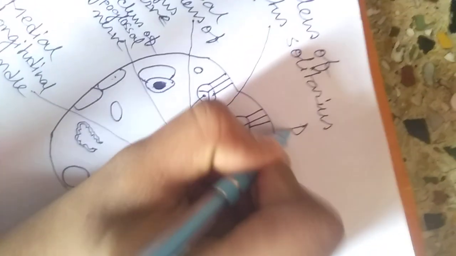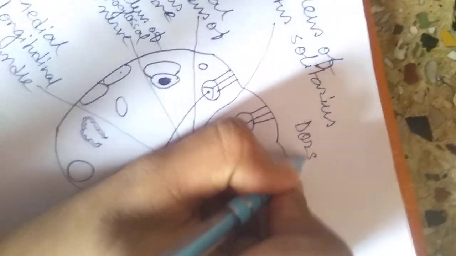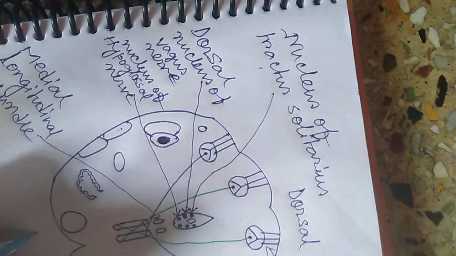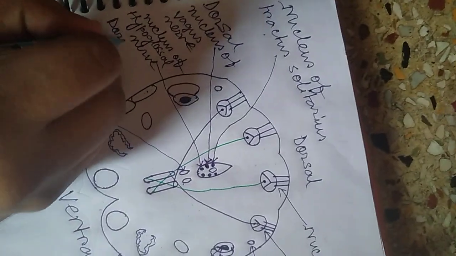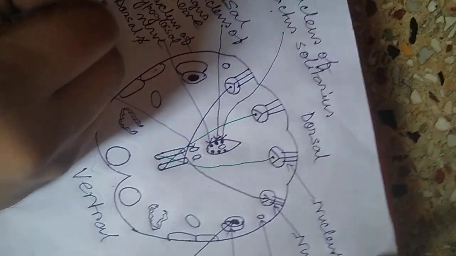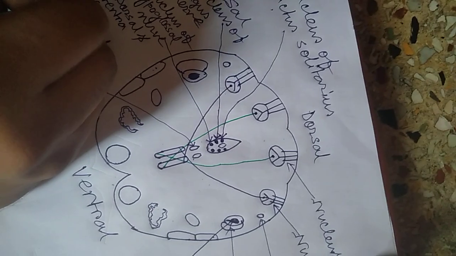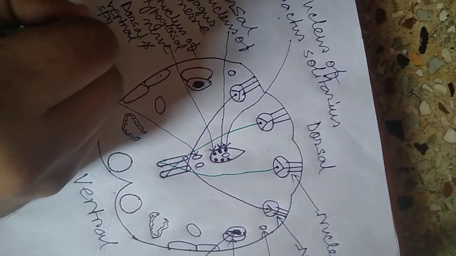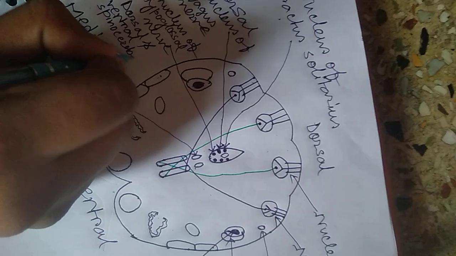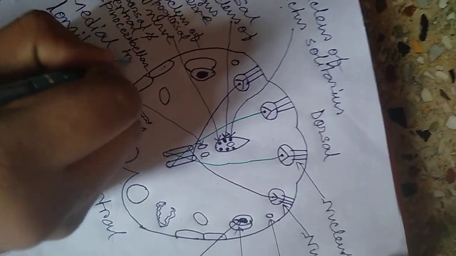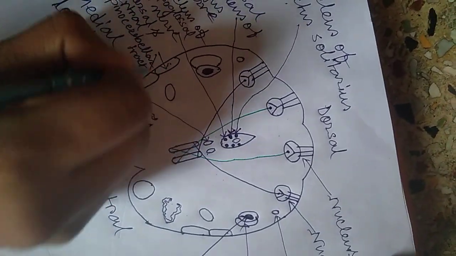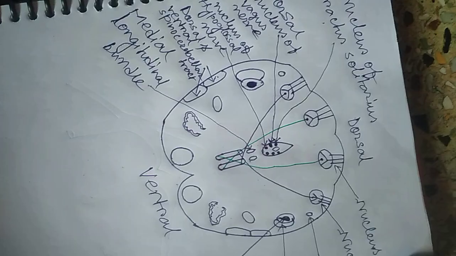Okay, sorry, one thing I have missed. This is the dorsal side, this is the ventral side. Then dorsal and ventral spinocerebellar tract, this and this respectively.